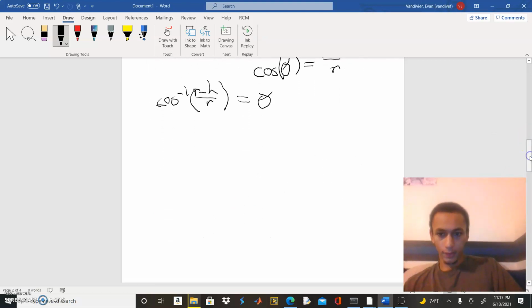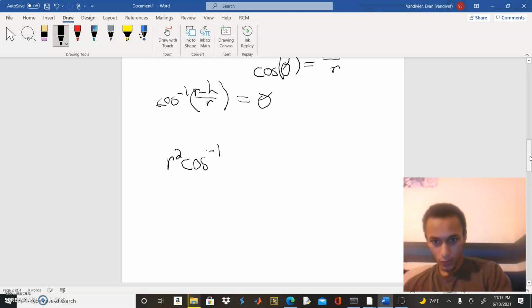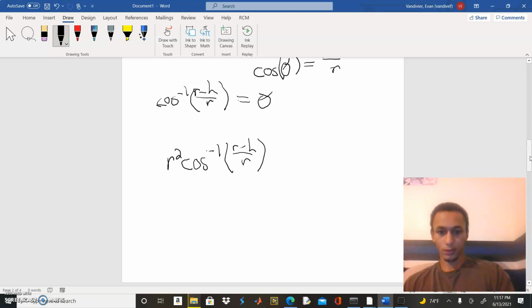So that arc area now is r squared cosine inverse of r minus h over r, which is equal to the top shape area.